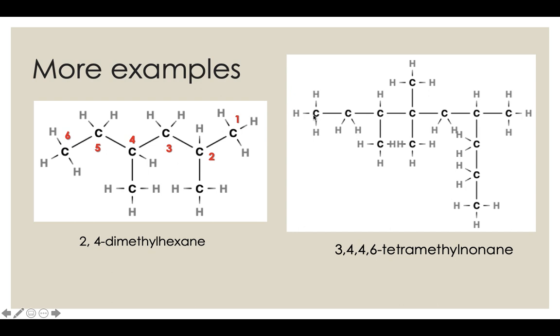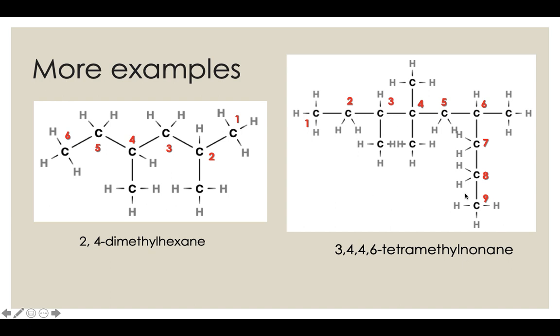We need to first identify the longest continuous chain. In that way, it's actually this one. So if you think the longest chain is the horizontal one, then you got it wrong. Okay, because obviously you have to find the longest carbon chain that is continuous. Sometimes it can have twists and turns. Okay, so you have 9 carbons. That's why it's a nonane.